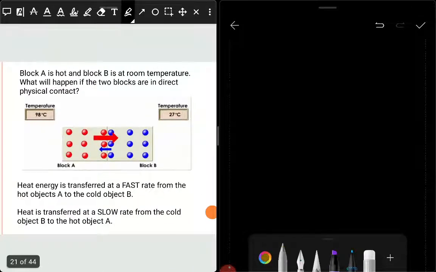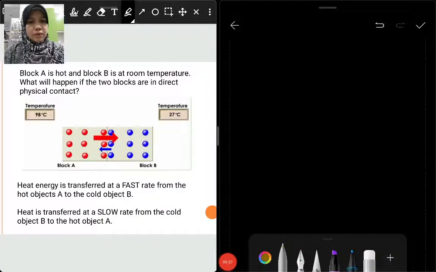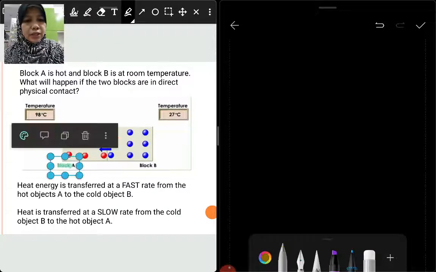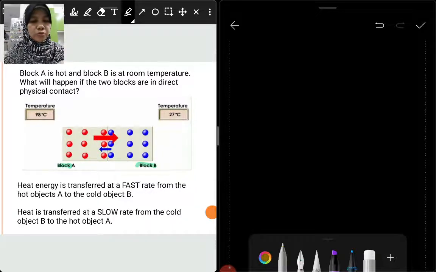Have a look at this example. There are two objects here, block A and block B. There are two substances, for example.